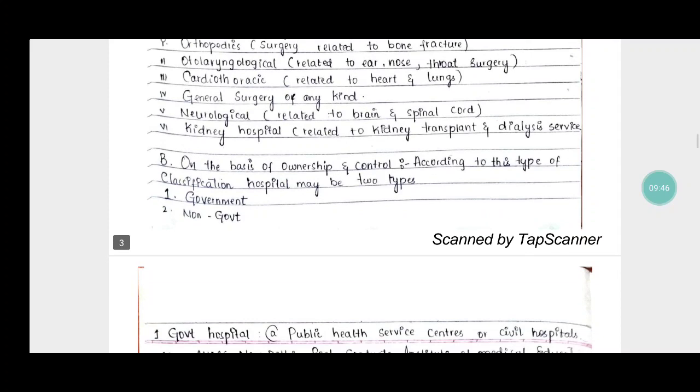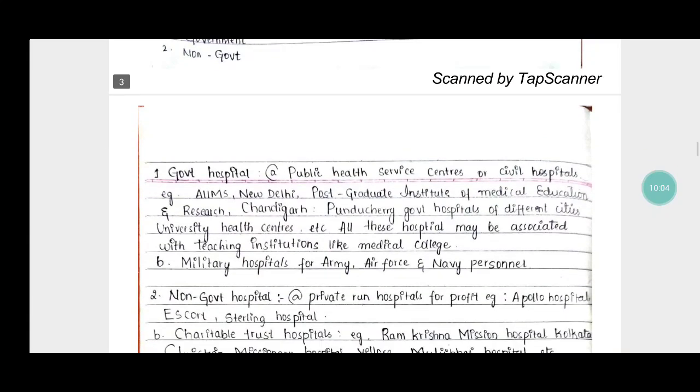So number B, that is the second classification, on the basis of ownership and control. According to this type, the classification is divided into two types, that is number one, government hospital, or number two, non-government hospital.